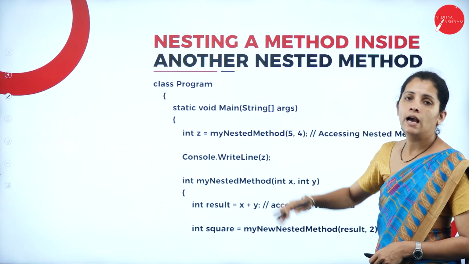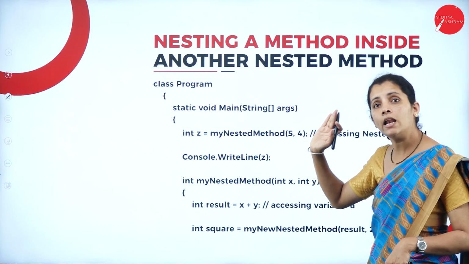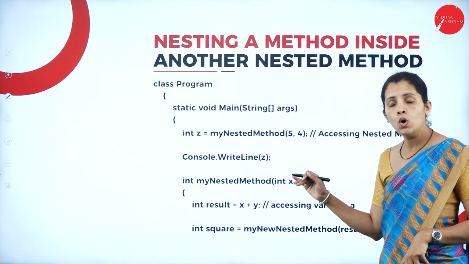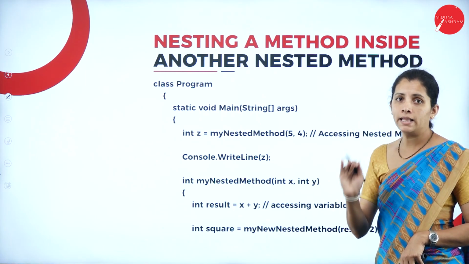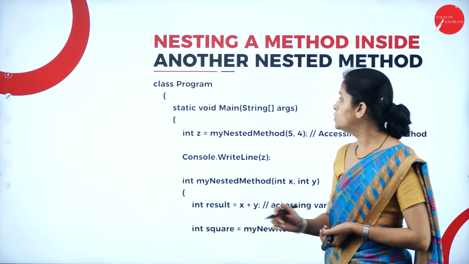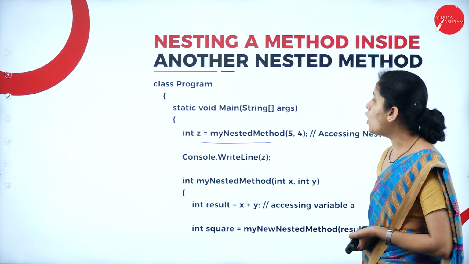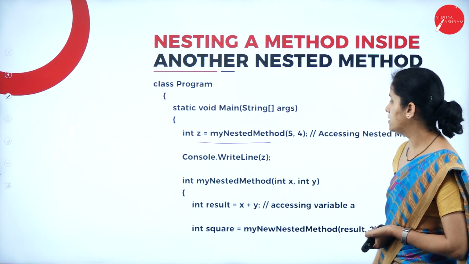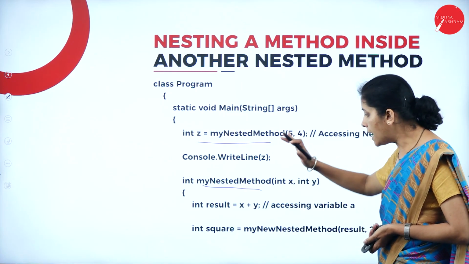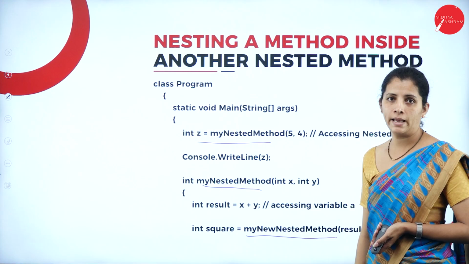Now see, I can create nested methods in another way. So dear student, here within one method, I'm going to write another method. See, I'm going to call my nested method. This is my first method. Now, inside this method, once again, I'm going to call another method.